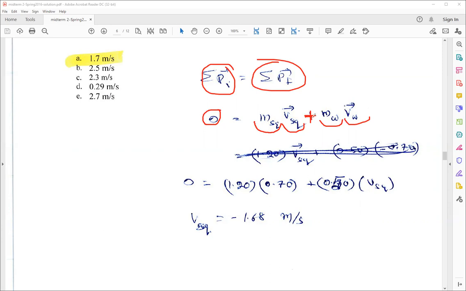I will end up with a value that should be negative, because it will tell me that the velocity is in the opposite direction. It's going to be pointing to the left if my squid is moving right. So here 0, and I'll plug in all the numbers.